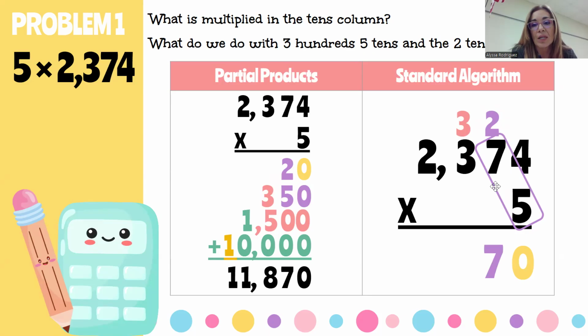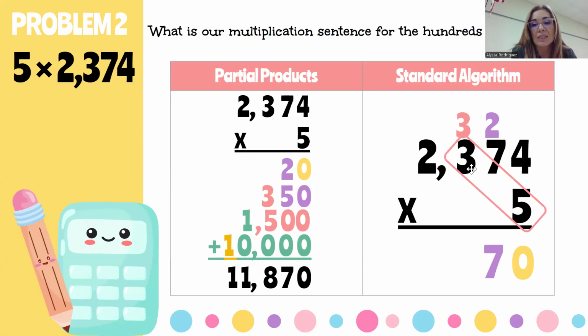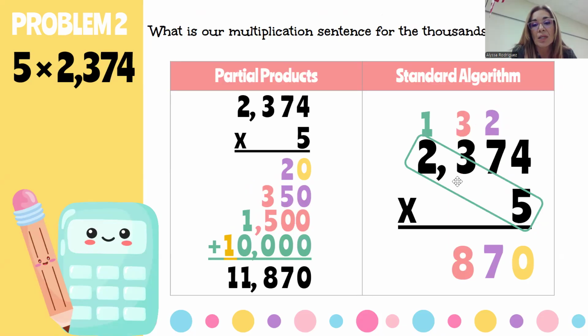Carry the 3. 3 times 5 is 15, plus 3 more is going to be 18. Carry the 1. 2 times 5 is 10, plus 1 more is 11. And that should be the same answer.